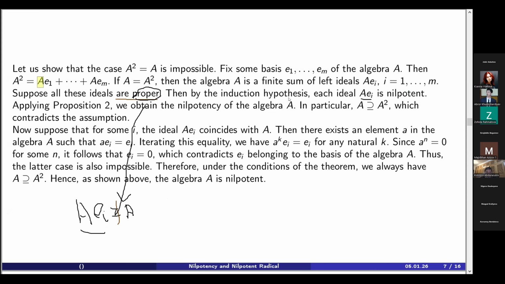Then by the induction hypothesis each ideal A e_i is nilpotent. Applying proposition 2 we obtain the nilpotence of algebra A, in particular A square is a subset of A, which is a contradiction.